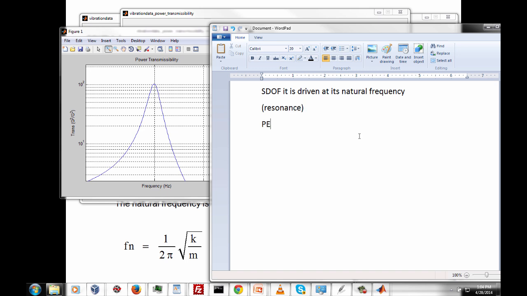So the peak power transmissibility is equal to Q squared. So our Q value for this case was 100. Excuse me, our Q value is 10. Q squared is 100. That is also our peak power transmissibility at the natural frequency.